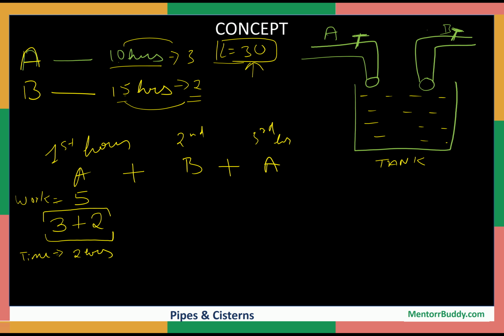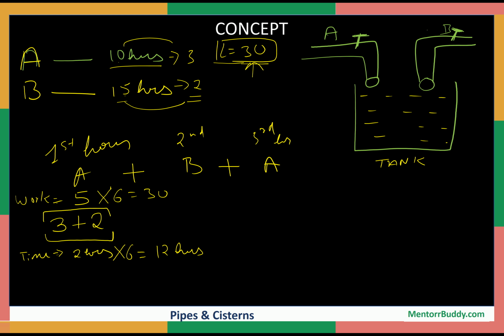To complete this 5 work it took 2 hours. We need to complete 30, so to reach 30 we need to multiply this by 6. 6 multiplied by 5 gives us 30. With the same value we multiply the time, 2 multiplied by 6, that is 12 hours.